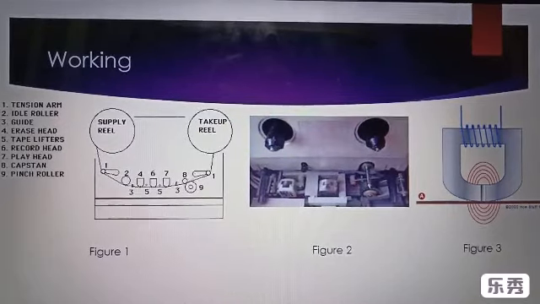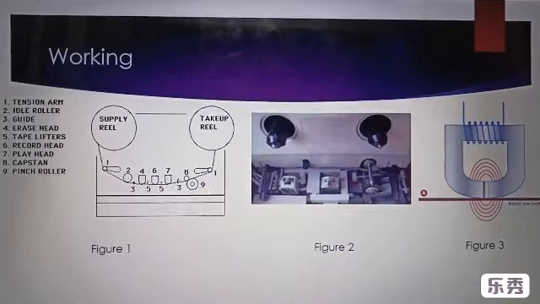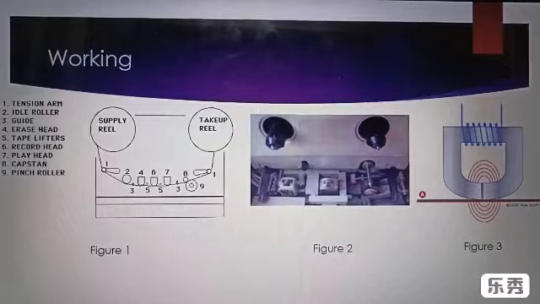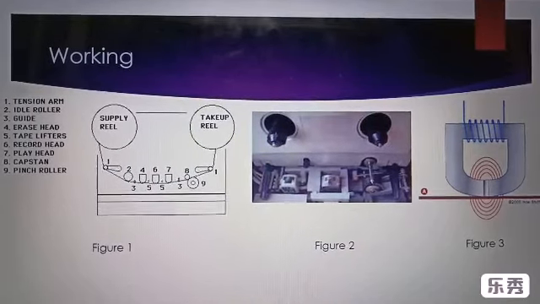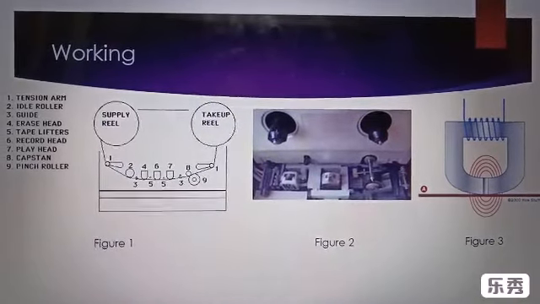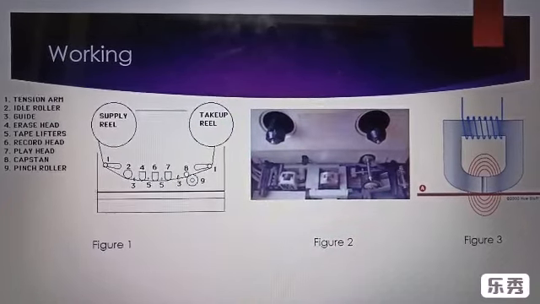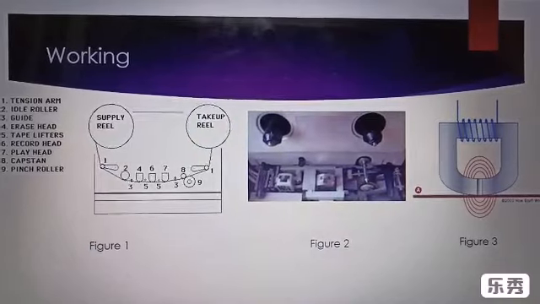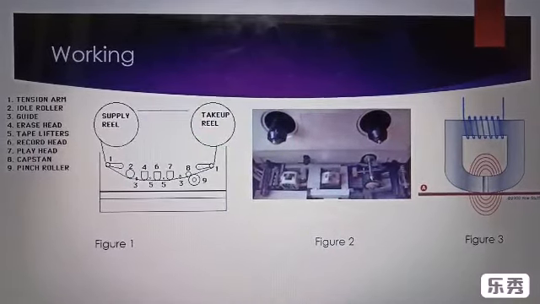So the flow of the mechanism is that from the supply reel, the tape is moving with a constant speed, and the process takes place. That is, our audio signal is converted into an electrical signal, and that produces an equivalent magnetic field, and that magnetic flux is recorded on the tape, and it goes up to the take-up reel. So this is what happens when the recording is happening.